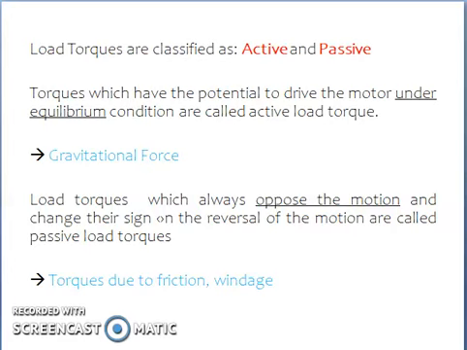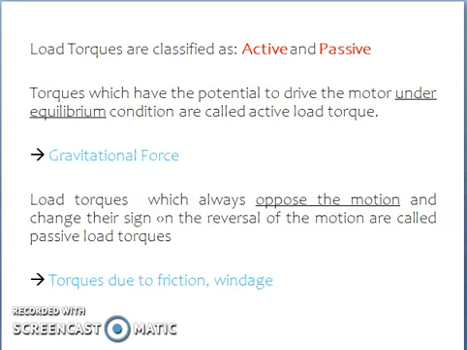Now, what is this equilibrium condition? It is a state in which opposing forces and influences are balanced. Examples are the torques due to gravitational force, tension, compression and torsion.